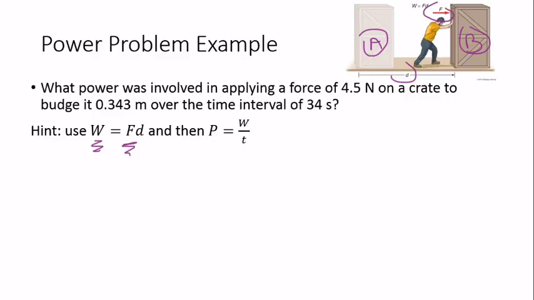So now we can take that work and plug it in right here, and just divide by the time. So we have force, we have distance, and we have time.